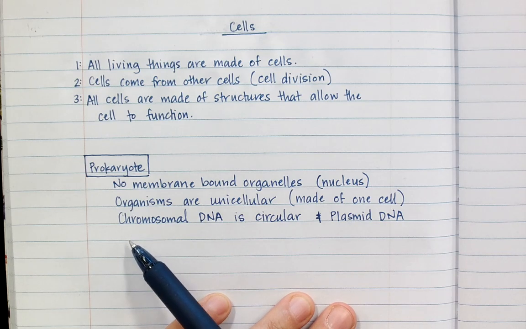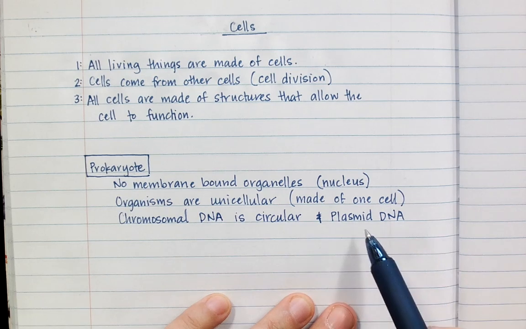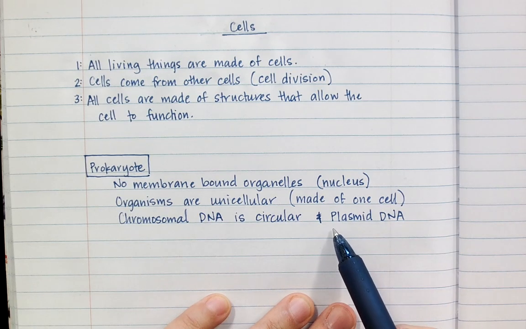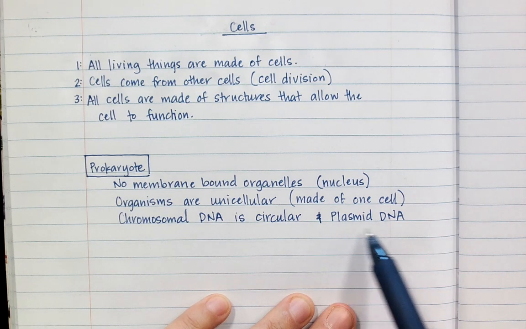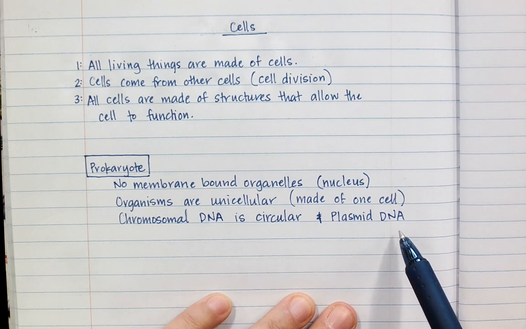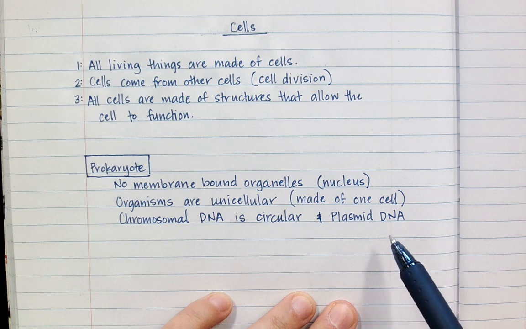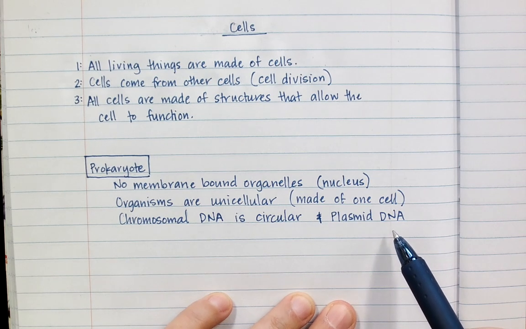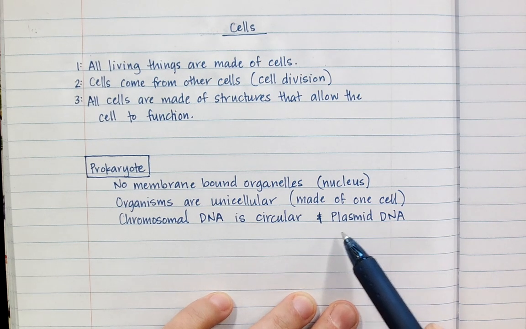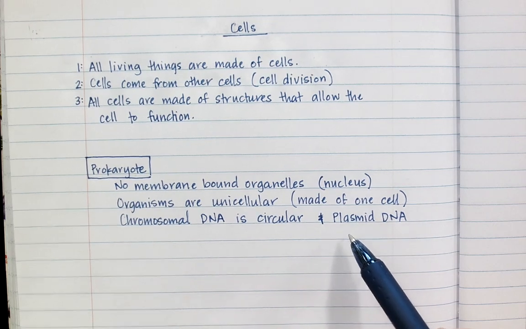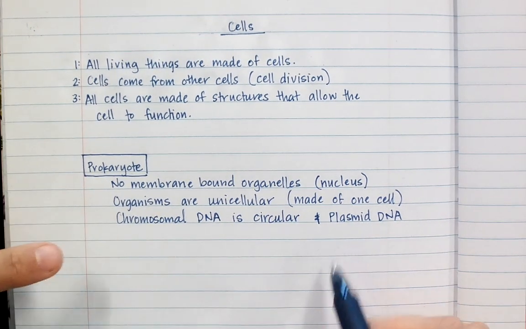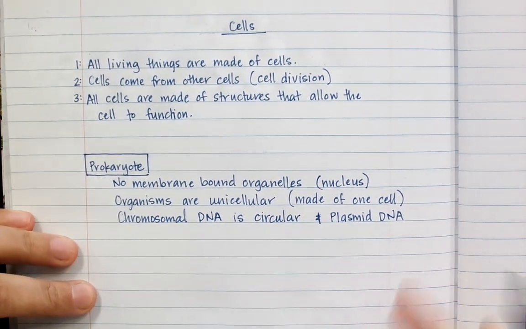It's extra genes, which can give it extra functions. And we're going to do a lab later this year where we take plasmid DNA and we put it into bacteria, and the plasmid DNA has a gene that makes the organism have a fluorescent pigment, and so it's going to make our bacteria fluoresce in different colors.